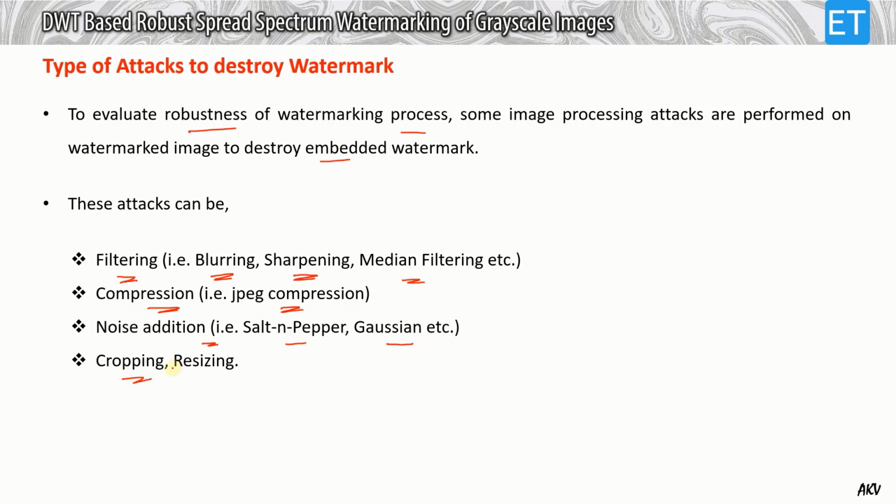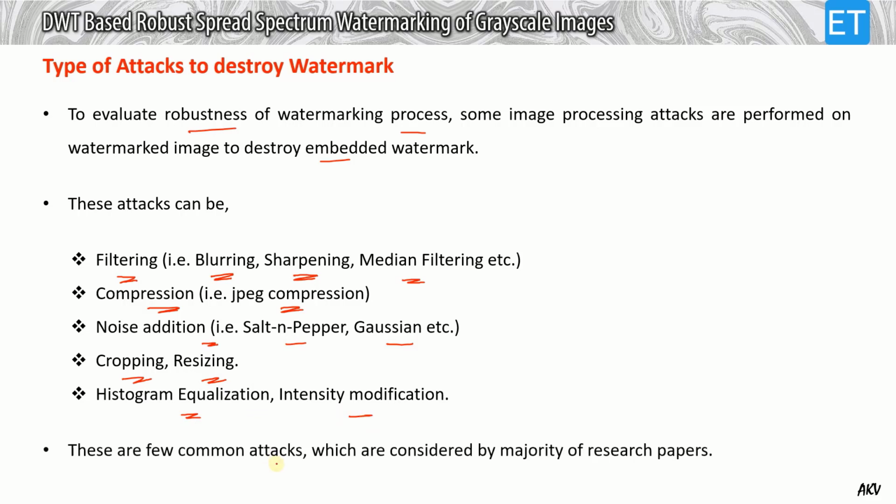Then cropping is again quite common, and you can resize your image, and you can change the intensities. I mean, you can go for histogram equalization of the image, or you can do some intensity modification of the watermark image. So these are a few common attacks which are considered by the majority of research papers in watermarking.